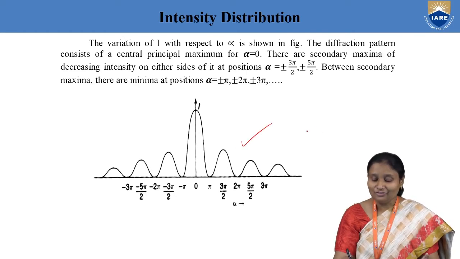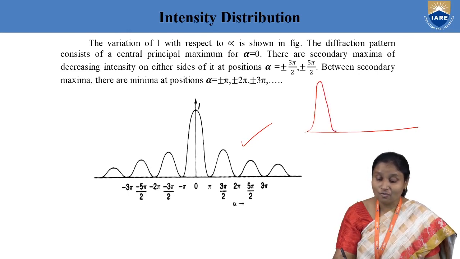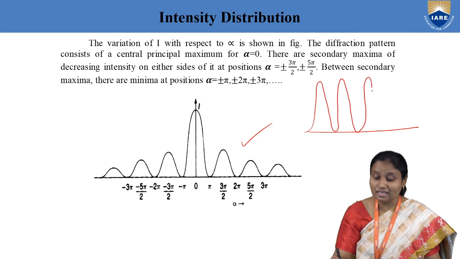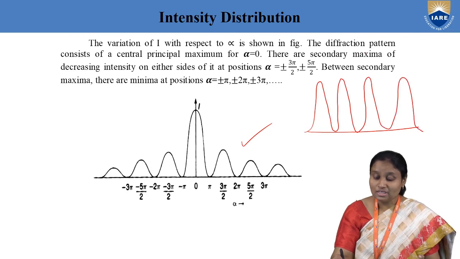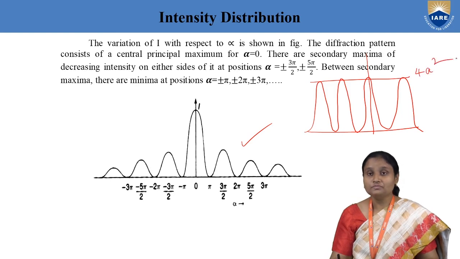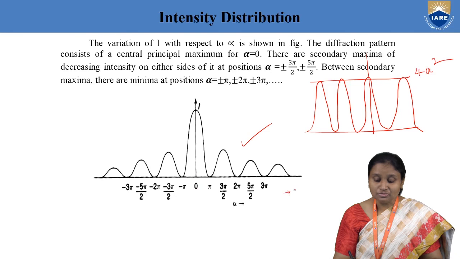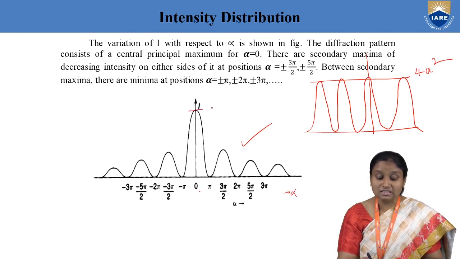So in case of interference, what is the pattern that is recorded on the screen? I have all bright fringes and their intensity is the same. And what is that intensity? Intensity is 4a square. But here in this case, with respect to alpha, at alpha equal to 0, I have the principal maxima whose intensity is maximum.